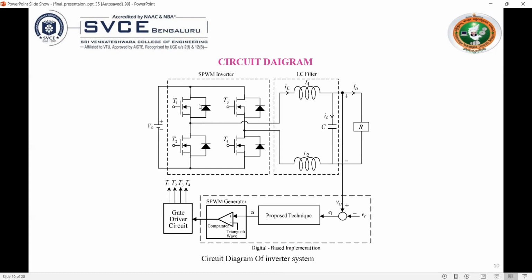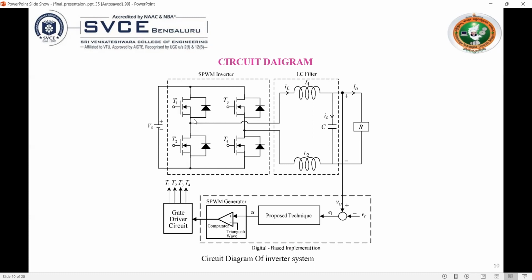We call it an H bridge because it has a structure like an H. These MOSFETs are placed at each corner, and in the middle our load will be connected. Here we also have freewheeling diodes, which prevent reverse flow of current. The MOSFET used in this is an N-channel MOSFET.